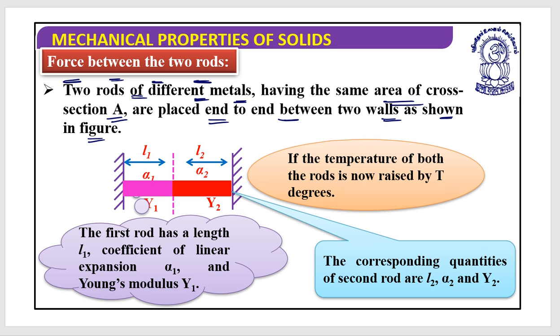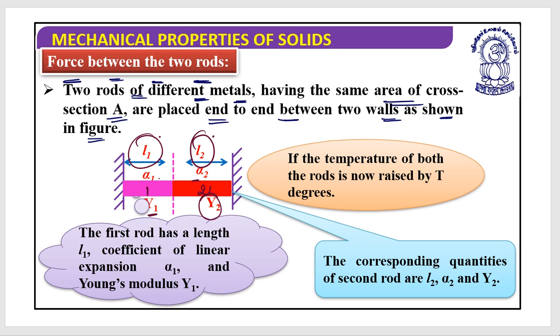This one is the first rod, this one is the second rod. The first rod has length L1, Young's modulus Y1, and coefficient of linear expansion alpha 1. In the same way, the second rod has length L2, Young's modulus Y2, and coefficient of linear expansion alpha 2.